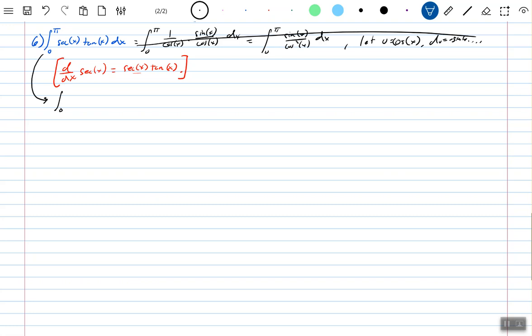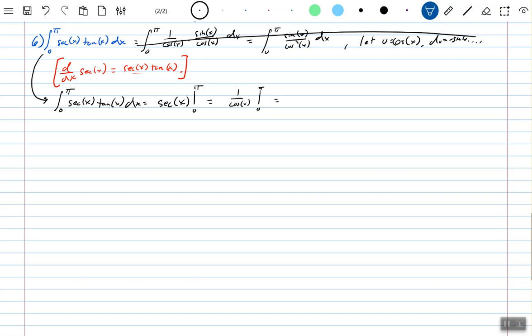So we can conclude that the integral from 0 to pi of secant x tan x with respect to x is just equal to secant of x evaluated from 0 to pi. So now we have to evaluate secant at 0 and pi. Well, what is secant? That's just 1 over cosine of x from 0 to pi, right? And now we plug in pi and 0.